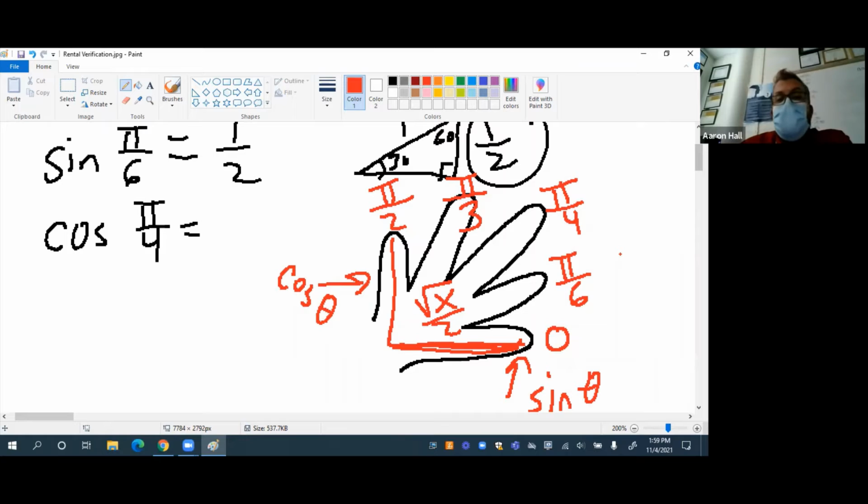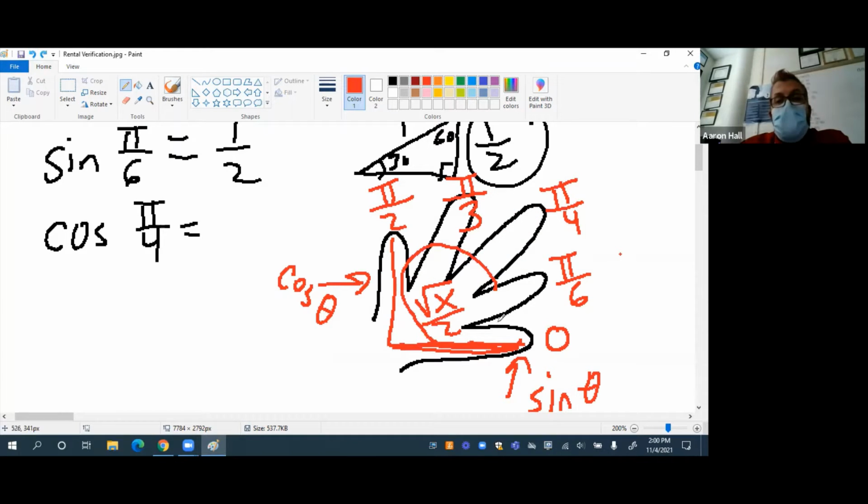Sam, do you know how to find cosine of pi over 4 without a calculator? Yeah, so we go from the cosine direction, the thumb direction, but what finger do I put down? Yeah, we put down this middle finger. When we put down this middle finger, how many fingers do we have up from the cosine direction? 2. What do we do with the 2?